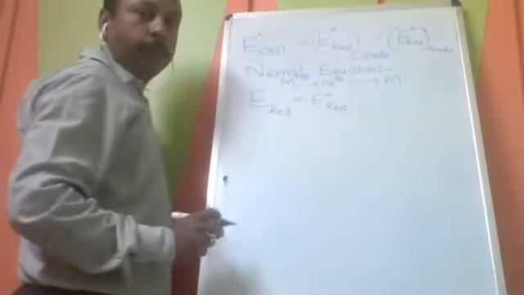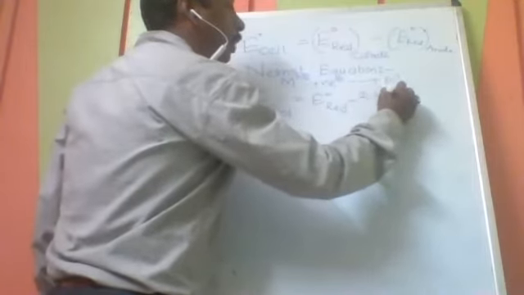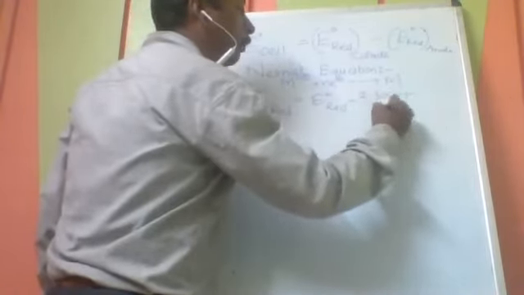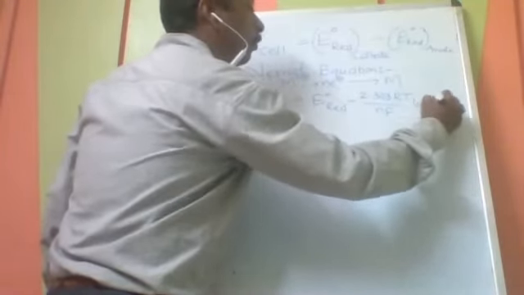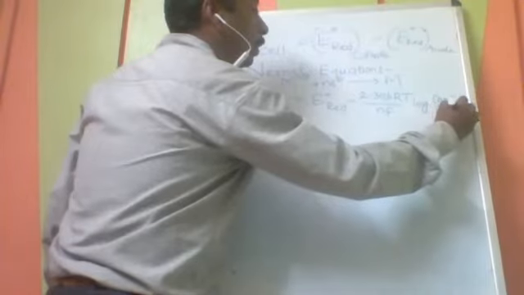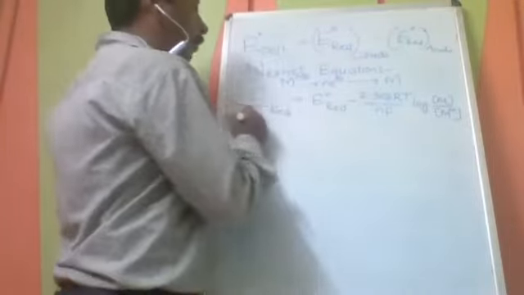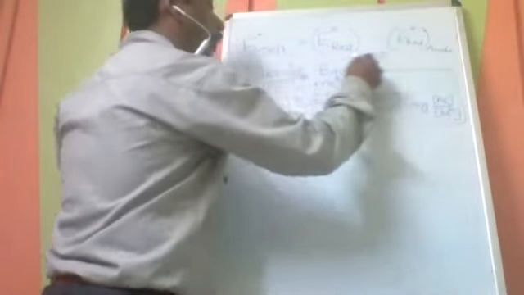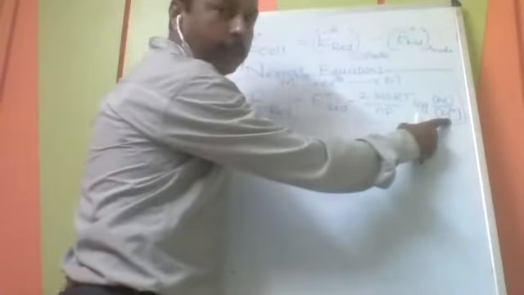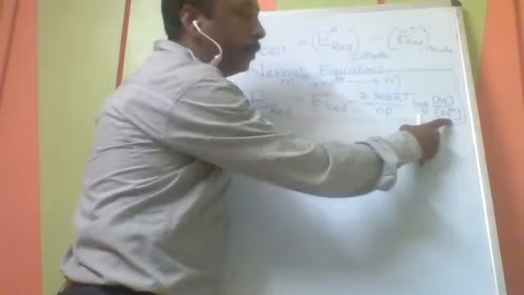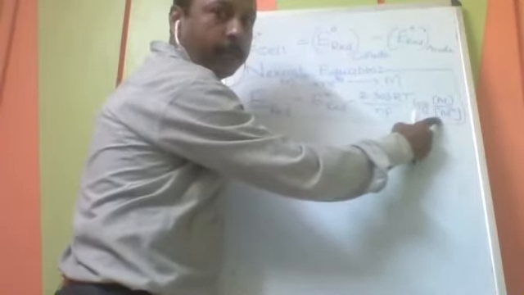E reduction is equal to E naught reduction minus 2.303 RT upon nF into log of product upon reactant, that is, concentration of metal divided by concentration of Mn plus. This is the formula for a single electrode reduction potential. From this we can say, see, if concentration increased, this total value will decrease.